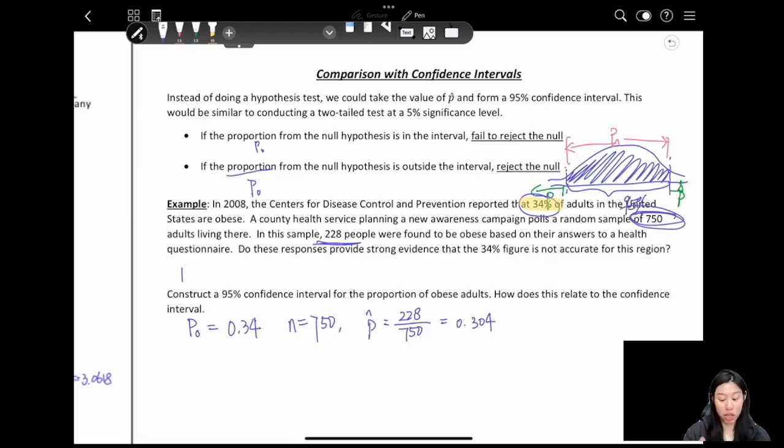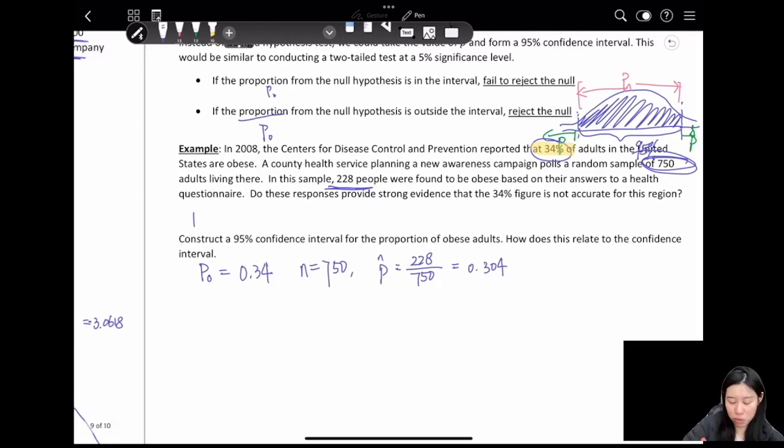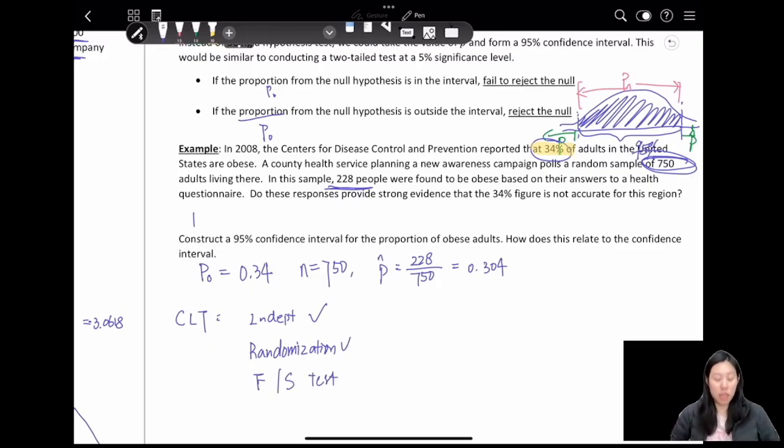Okay, so before we construct a confidence interval, what we always need to do is check the central limit theorem conditions: independence, randomization, and then the failure success test. So we need to test that. Since this is a confidence interval, not a hypothesis test, instead of multiplying by p naught or p sub 0, we need to multiply by p hat.